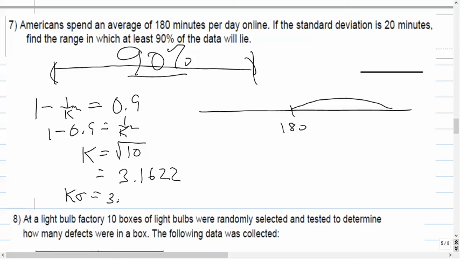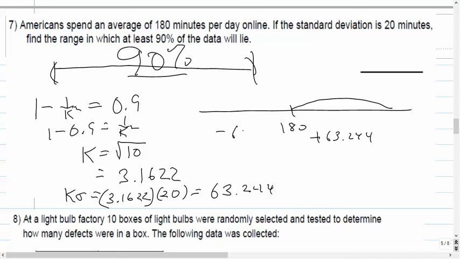So 3.1622 times 20 is going to be equal to, if I did my calculations right, 63.244. So what I'm going to do here is add 63.244, and I'm also going to subtract 63.244 from the mean, and that's going to give me my interval.